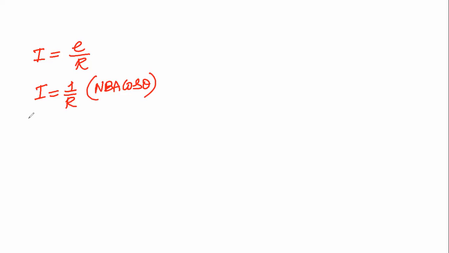Or instead of this, we may write I is equal to 1 by R into delta phi divided by delta t.